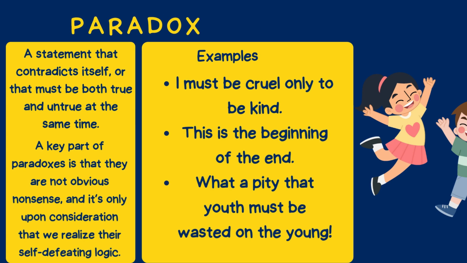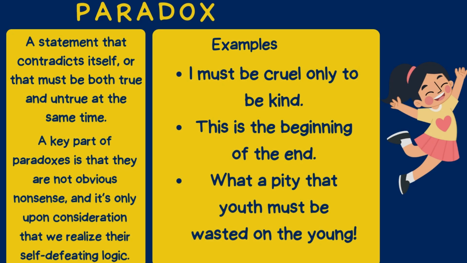All right, so we move on to another very powerful device. We call that paradox. A paradox is a statement that contradicts itself, or that must be both true and untrue at the same time. So a statement that seems to contradict itself, that seems true and untrue at the same time, is called a paradox.